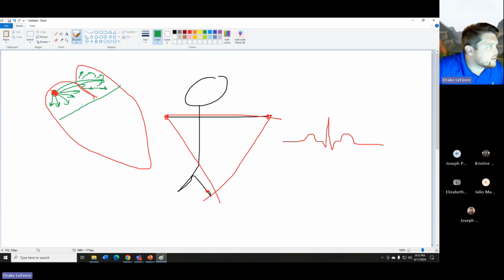And then all of this eventually comes together right here into the AV node, right? So when we're talking about the EKG, essentially what we're measuring is just tons and tons of little vectors. We're measuring the direction and the magnitude of the electrical current as it goes through the muscle tissue.